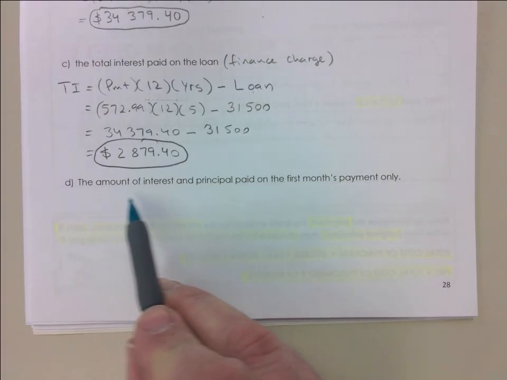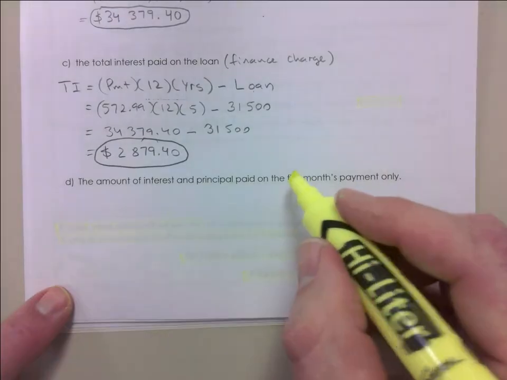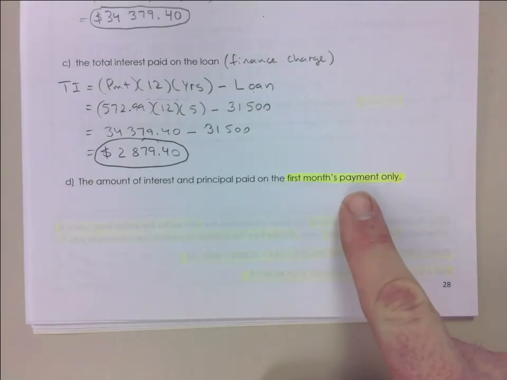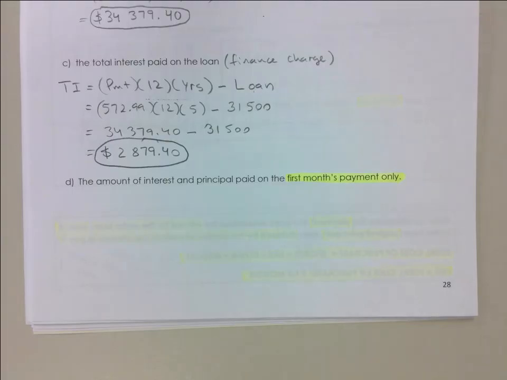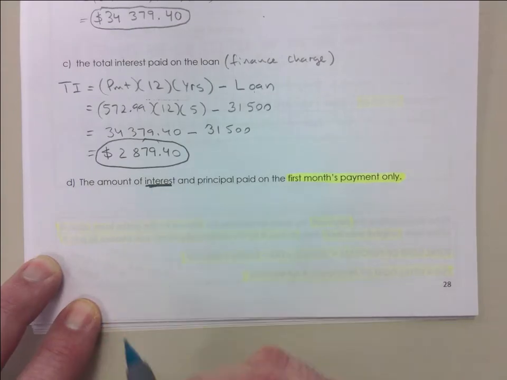D, the amount of interest and principal paid in the first month's payment only. Please don't mix that up with total interest. If it's first month's payment, we want to look for a specific formula. And I will always say start with the interest first.